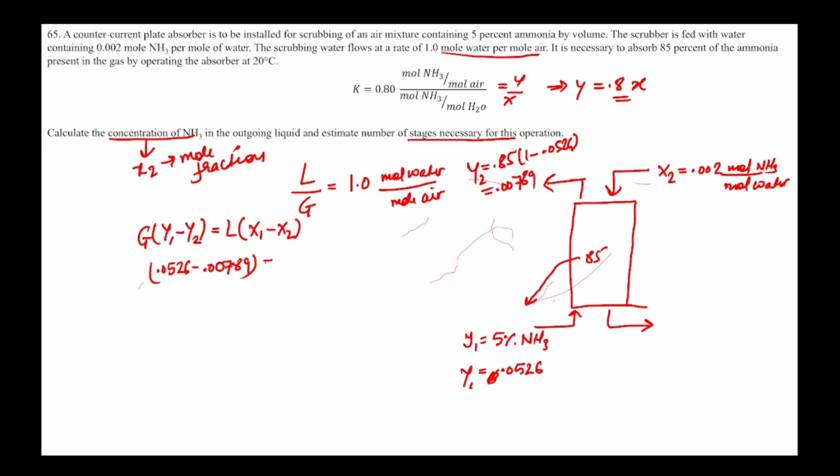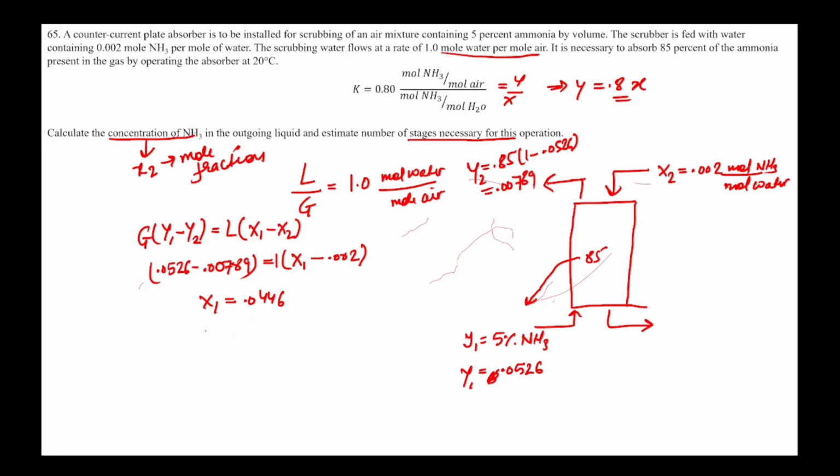This is equal to 1 times x1 minus x2. Oh sorry, we have to find x1, 0.002 we have given as x2, so x1 will be 0.0446. This is the value of x1.